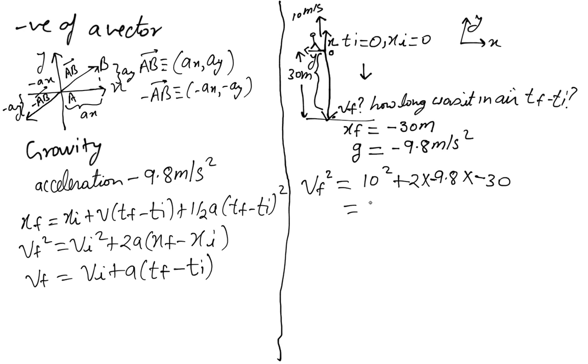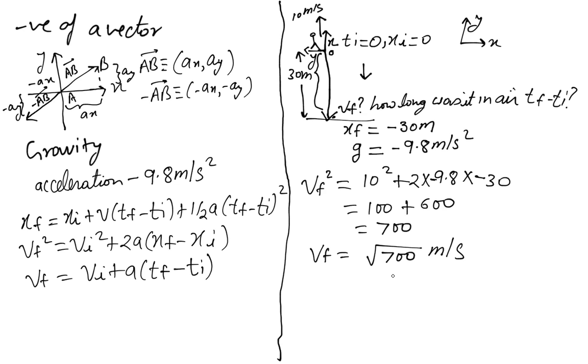That gives us 100 plus, let's assume 9.8 is close to 10 so it becomes easier, 600, and the sum is 700. So vf is going to be the square root of 700 meters per second.